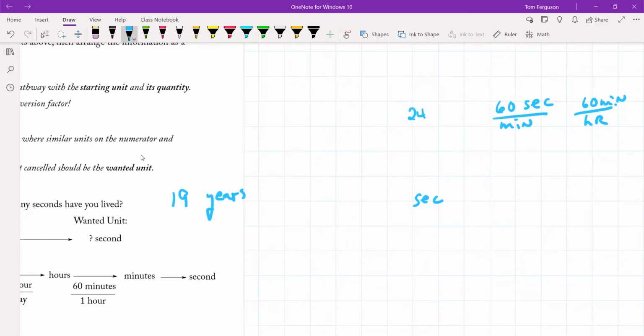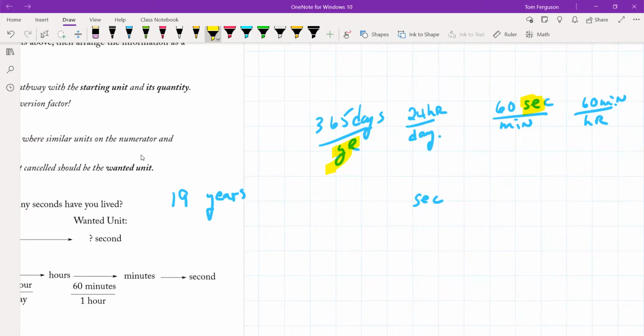There are 24 hours per day. And 365 days a year. So we have year and we have seconds.